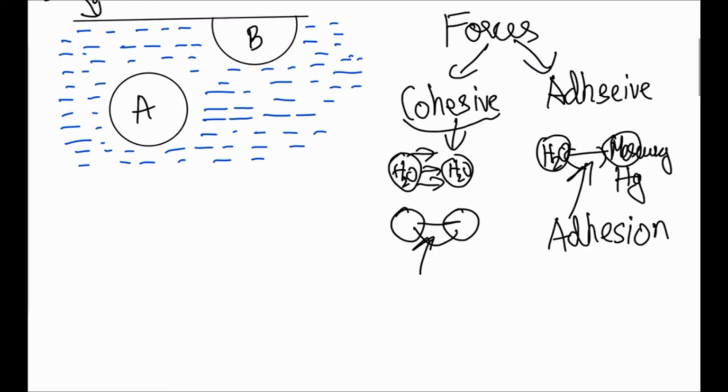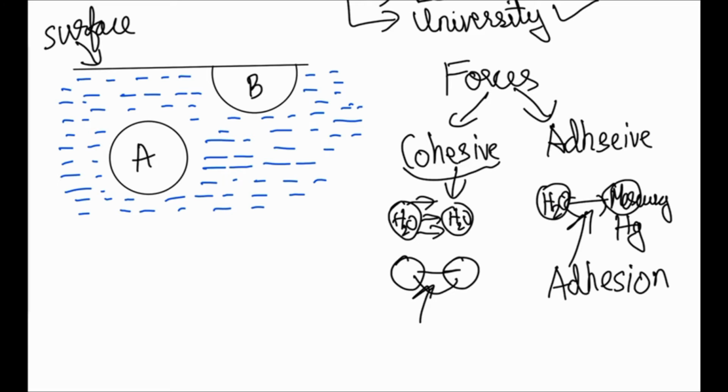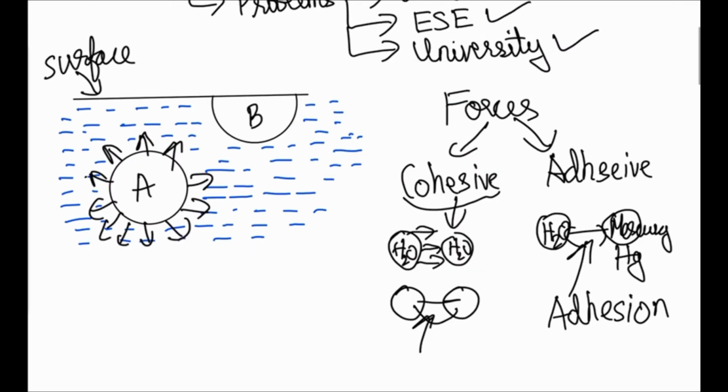So when we look at this molecule, there are water molecules surrounding it. Therefore, it has balanced cohesive forces. That is, there are water molecules on top of this molecule and also below and surrounding. Whereas if we look at this molecule, there are water molecules only below and beside it, not above it. So there is an unbalanced force here.